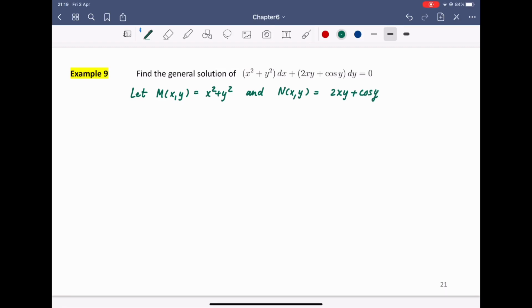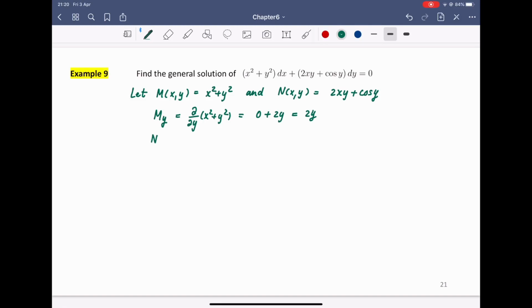Alright, to check that the differential equation is exact, I'm going to compute M subscript y. It means I'm going to differentiate this function with respect to y. So here I get 0 plus 2y, that is 2y.